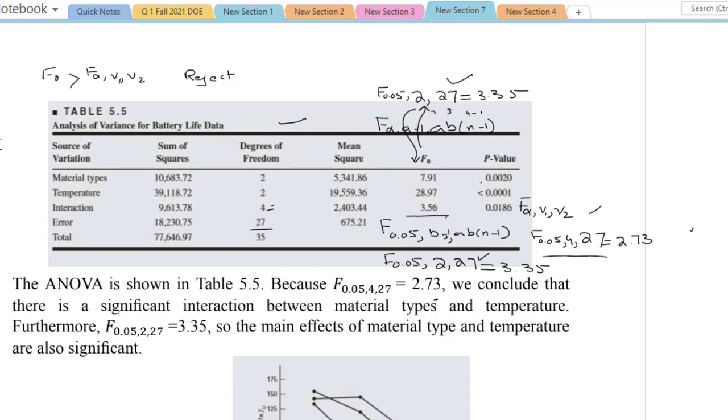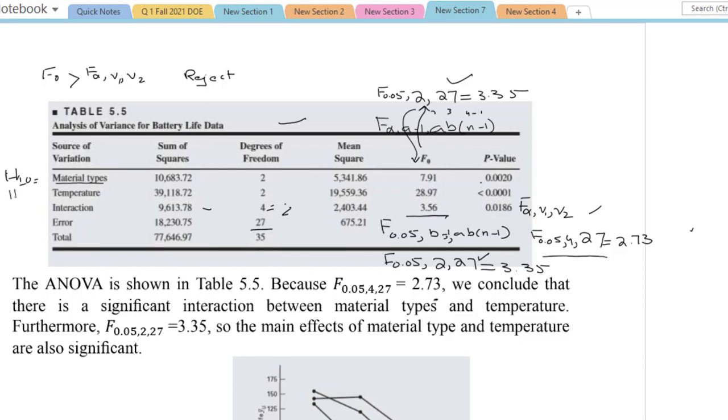Our first null hypothesis will be H naught 1, regarding the material. It means that all of the material types have the same effect on the battery life. Its alternate hypothesis will be that at least one of the material types has a different effect on the battery life.